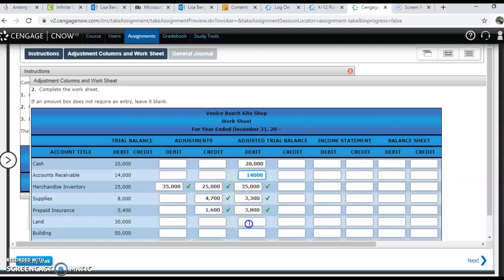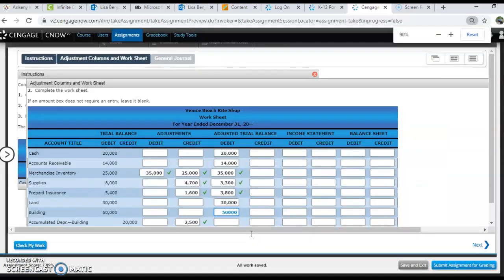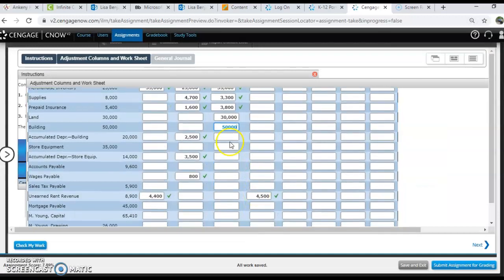I've already done these two, so now it's just pulling the debit here and the 50,000 here. Now we've got 20 and 25. Notice they're credits, so make sure you move to the credit side. This should be 22,500. All right.